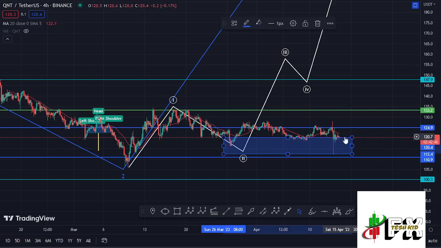And as long as we continue holding within this blue target area, which is right here, which lies between the $120.7 mark and the $112 mark, there are chances that we are going to see a reversal within this blue target area, continue gearing up, see a break above the 20-day MA here on the 4-hour chart, give us support for us to continue gearing up to our next key area of resistance at around the $124.9 mark.